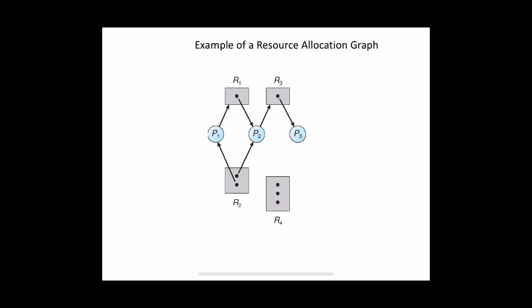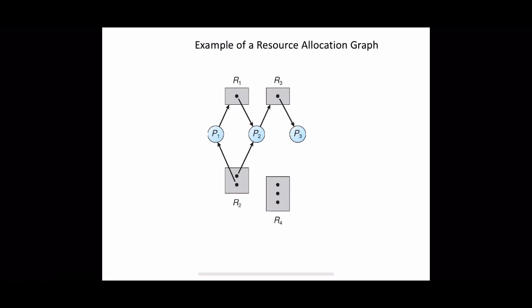Whenever a process requests a resource type instance, a request edge will be automatically inserted into the graph, and whenever that request is granted, that means whenever the corresponding instance is assigned to the corresponding process, this request edge instantaneously will be converted into an assignment edge.